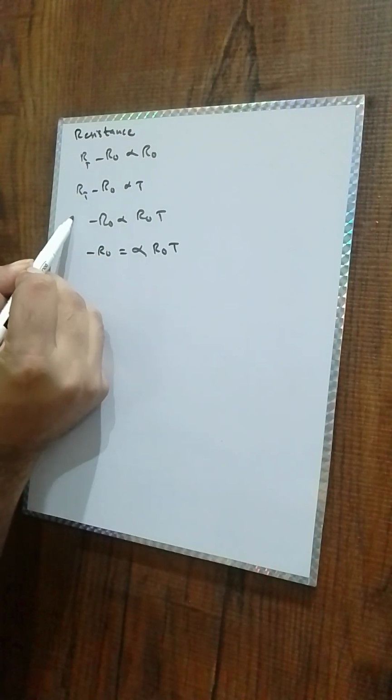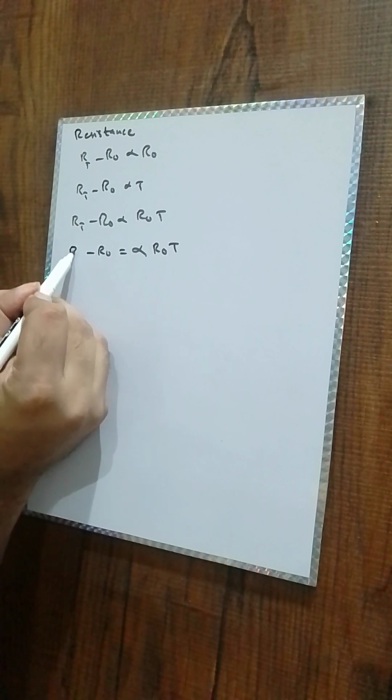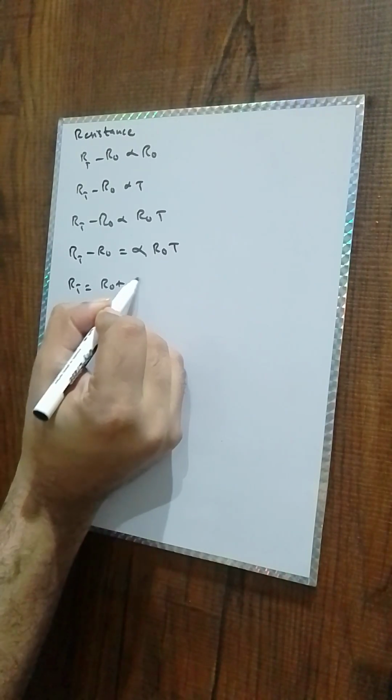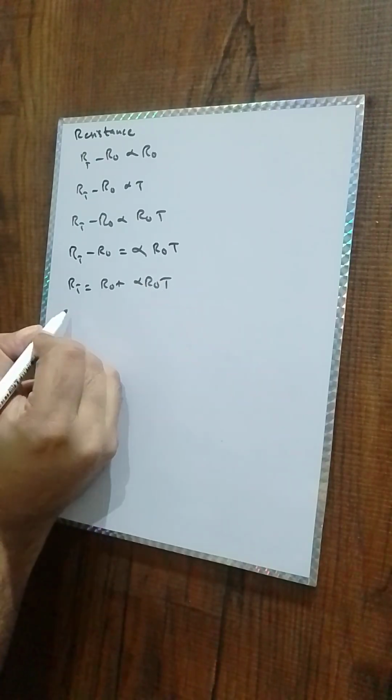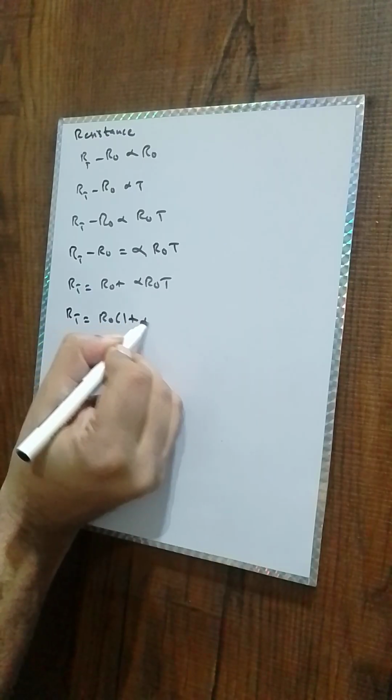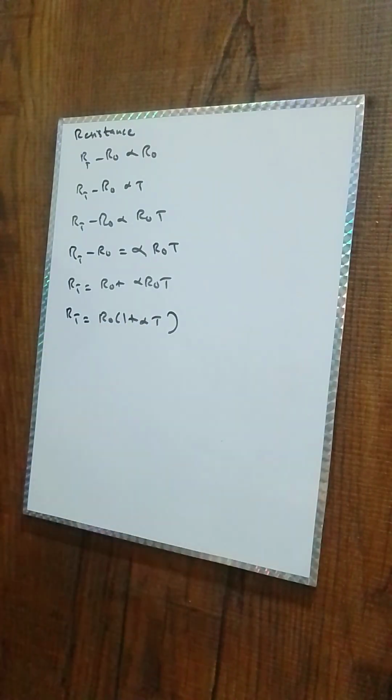RT minus R naught equals alpha R naught T. Okay, so now RT becomes equal to R naught plus alpha R naught T, and RT becomes equal to R naught into 1 plus alpha T.